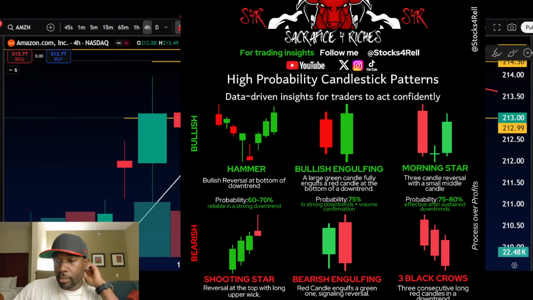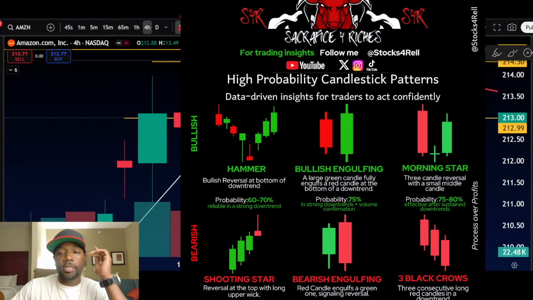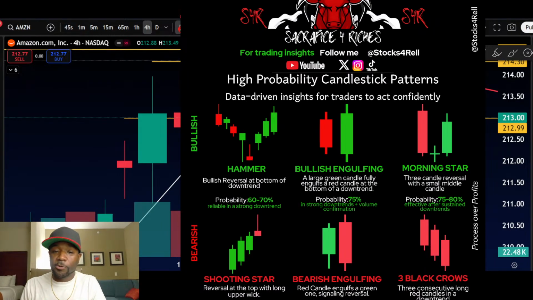Notice it says probability is 75 to 80%, effective after sustained downtrends. So if this pattern pops up on the time frame you're trading, there's an 80% chance that this is going to go up. So why not take the deal?